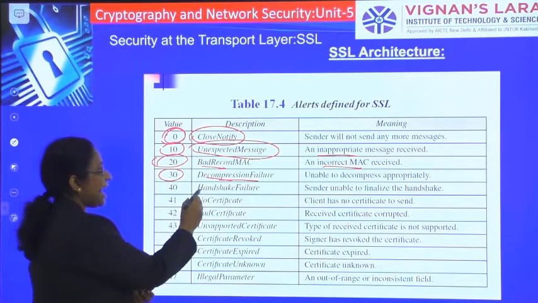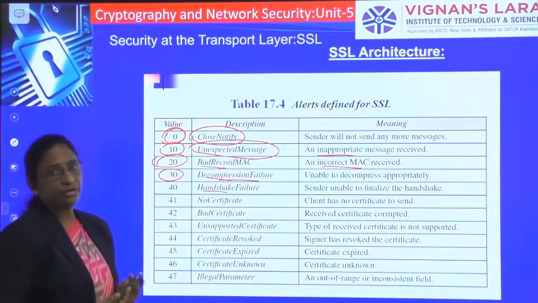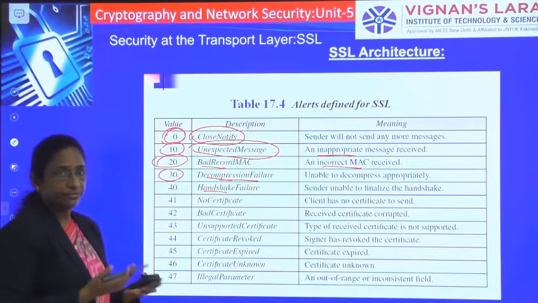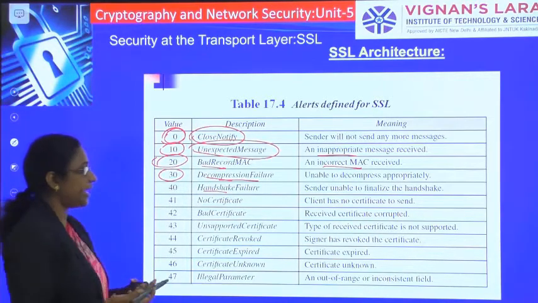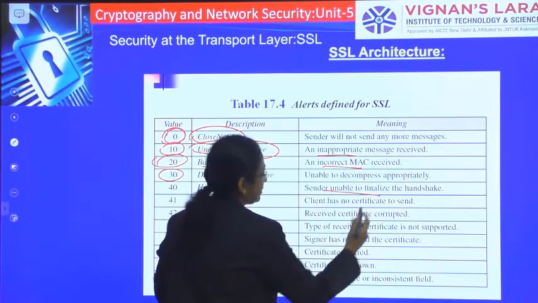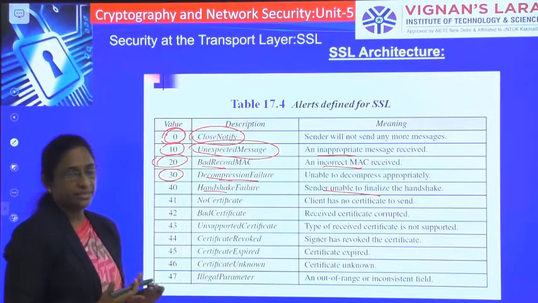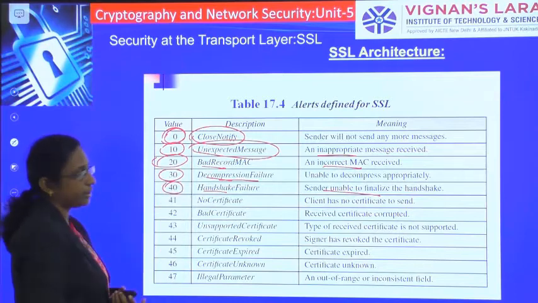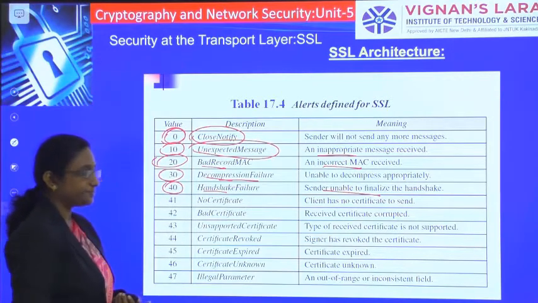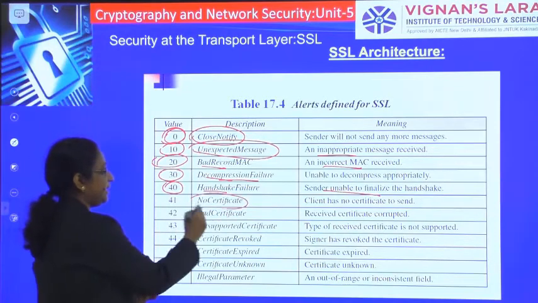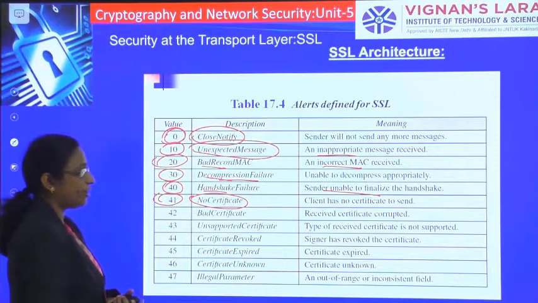Similarly, handshake failure: if the negotiation between the client and server, or between the entities, fails, the sender is unable to finalize the handshake. That means there is some problem in the negotiation, and it is represented by a code of 40. Similarly, no certificate: the client has no certificate to send. In that case it sends no certificate with a code of 41.